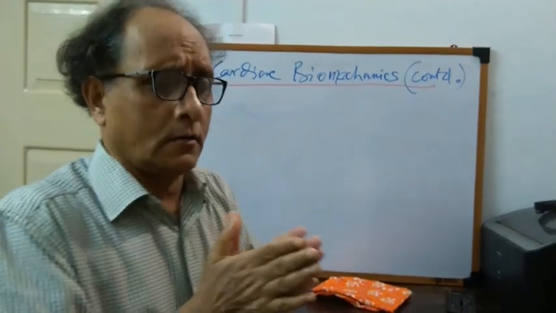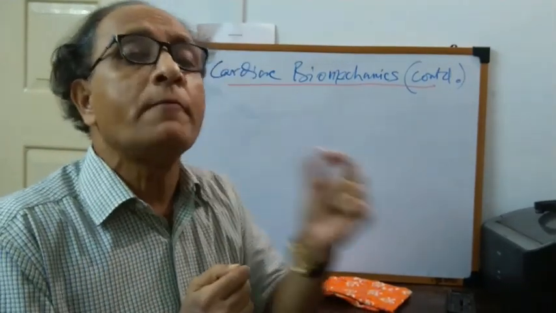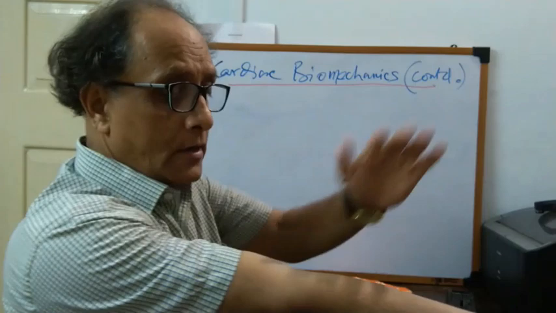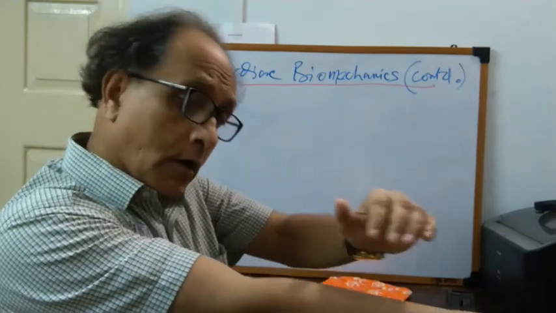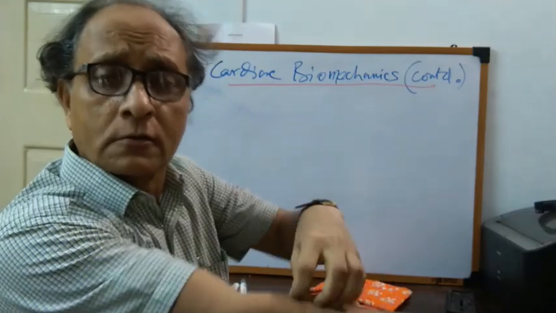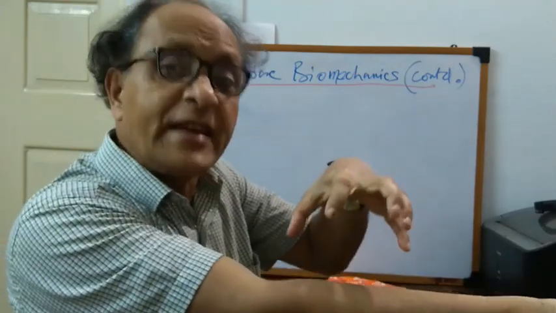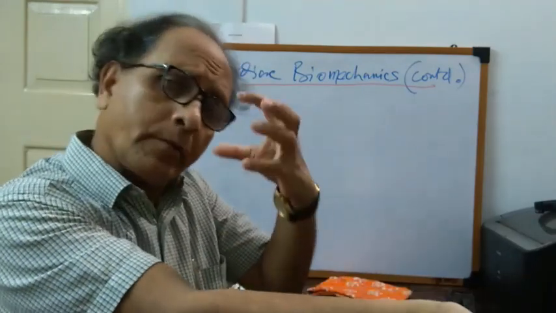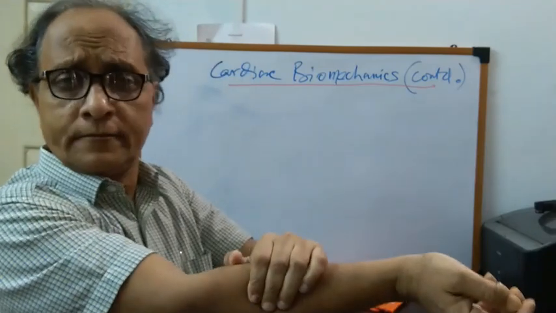But whatever small load it may be, suppose this is contracting and this is the load, whatever small load it may be, it has got a finite value of load. It may be small, but some amount of load is there.